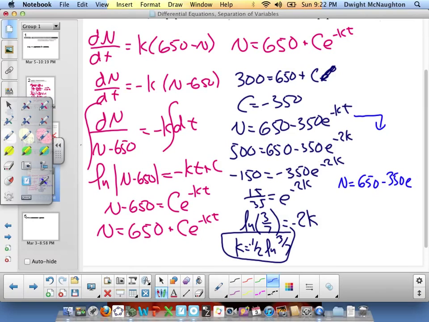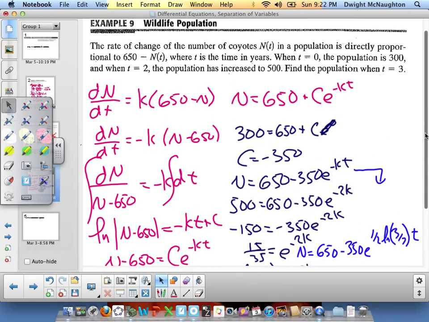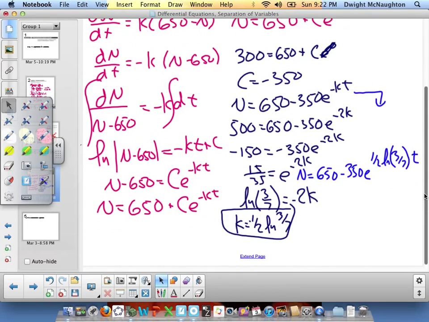K is negative, so those will cancel. 1/2 natural log of 3/7 times t. And the question is, what is the population when t equals 3? Let's plug 3 in for t.